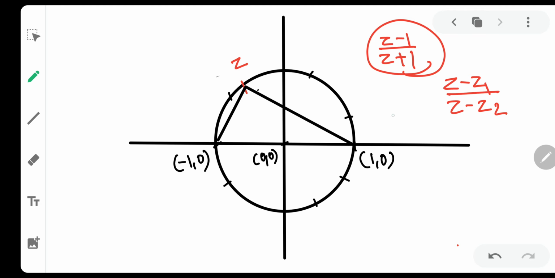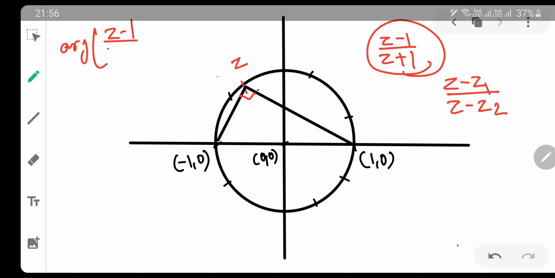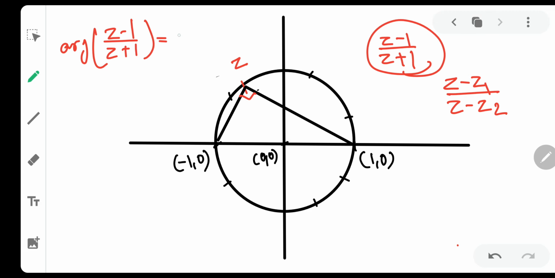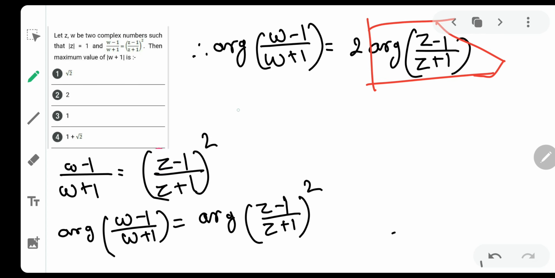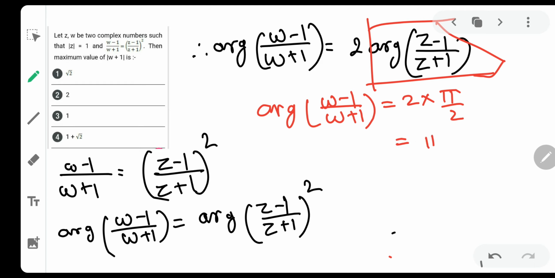As you can see, this is a semicircle and the angle subtended in a semicircle is always 90 degrees. So arg((z − 1)/(z + 1)) is nothing but pi by 2. Very good. So what we have gotten is arg((omega − 1)/(omega + 1)) is equal to 2 into pi by 2, which is equal to pi. This is what we have gotten.